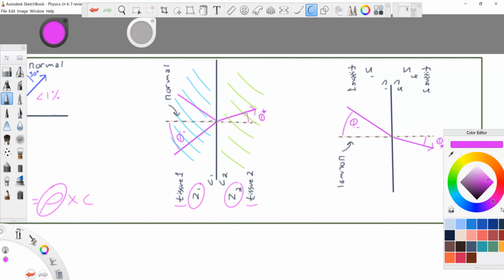So there's a speed of sound change. Okay, so C1 does not equal C2. Tell me, which is faster? Which tissue has a faster speed of sound?